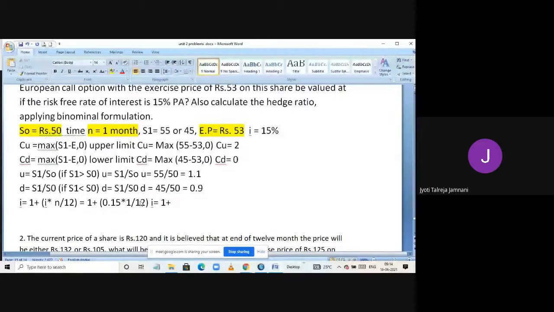How much do you get? 0.0125 you get. Yes, ma'am. So 1 plus 0.0125, I will be equal to 1.0125. So we are going to use this I value, 1.0125. Any doubts still here? No, ma'am.